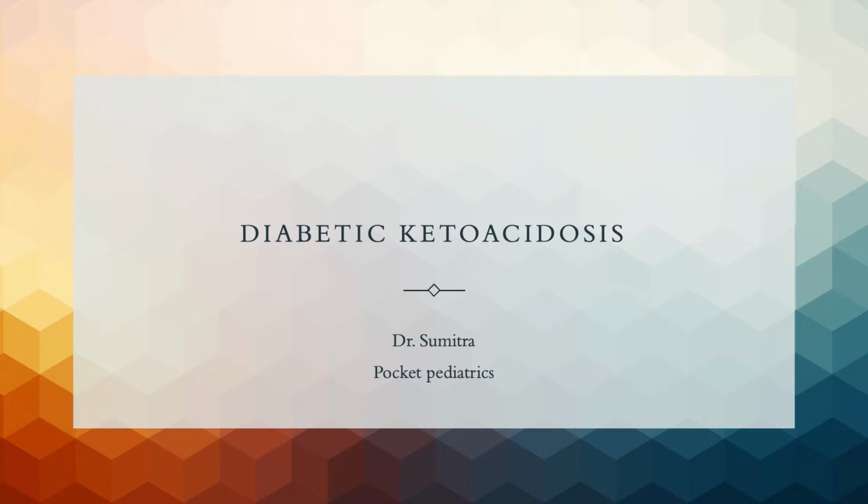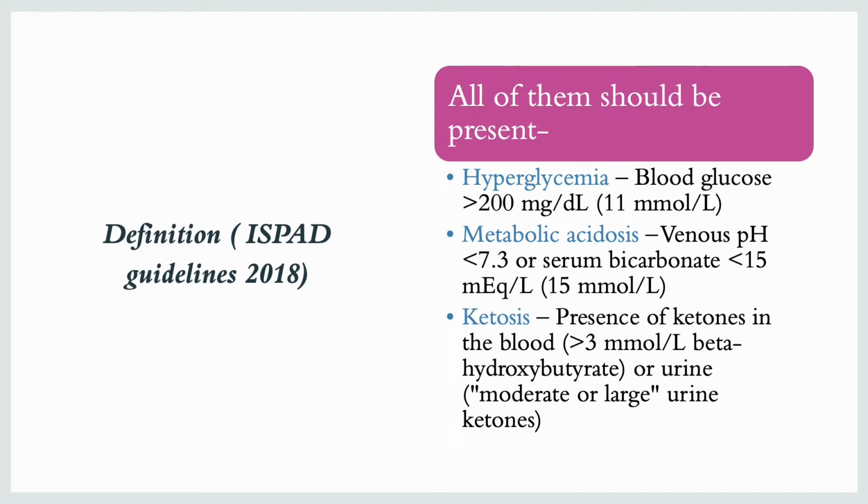Okay, so let's start. Coming to the definition of diabetic ketoacidosis, all three criteria should be present: hyperglycemia, metabolic acidosis, and ketosis. In hyperglycemia, blood glucose level should be more than 200 milligram per deciliter.